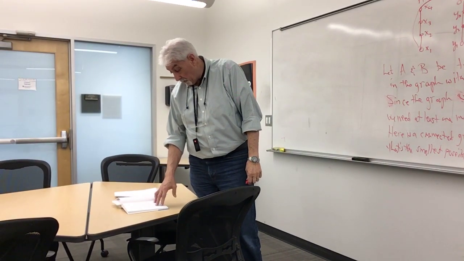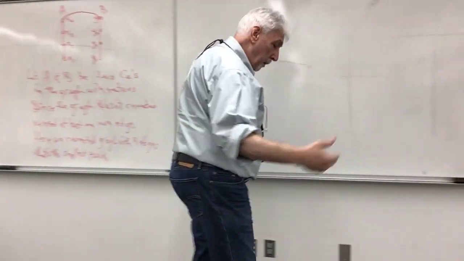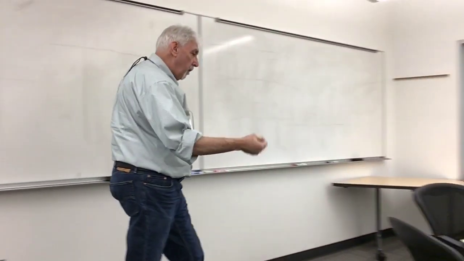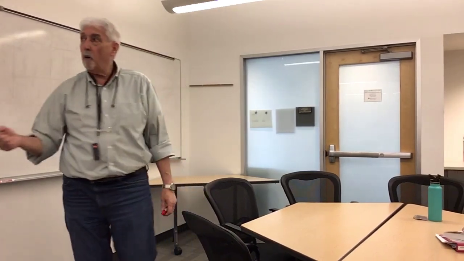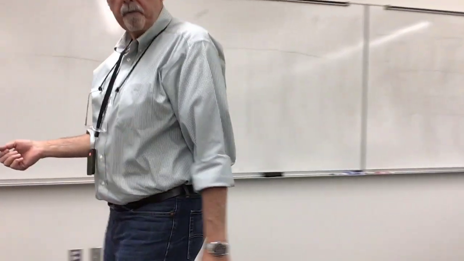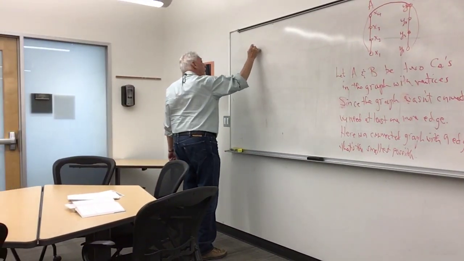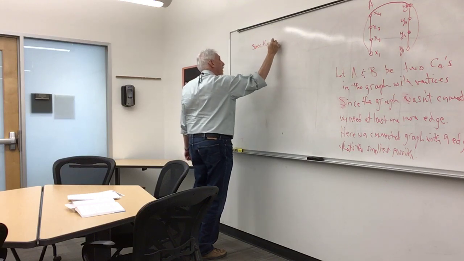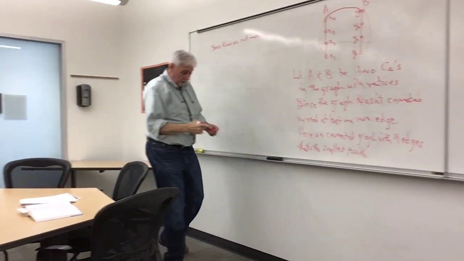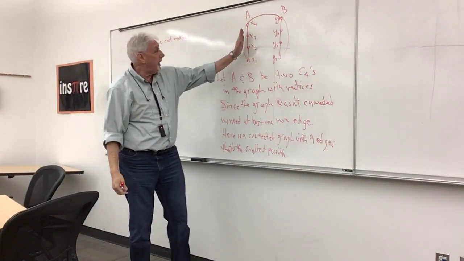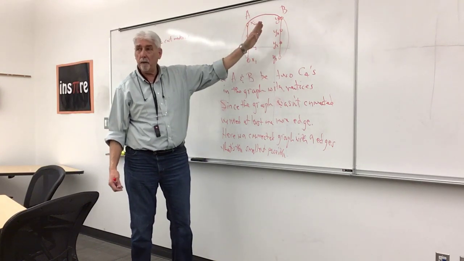So now assume that G contains, what is the least possible value, and we still have 2 C4s, and we want the graph to be connected. What's the smallest number of edges so that I can have 2 disjoint C4s and no cut vertex? Since there are cut vertices at this point, and by the way, once I have the C4, A is a C4 and B is a C4, it doesn't matter which edge I put in there.